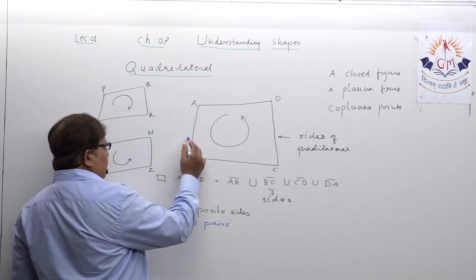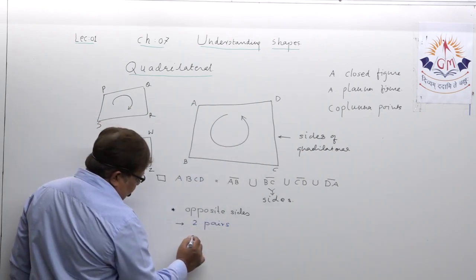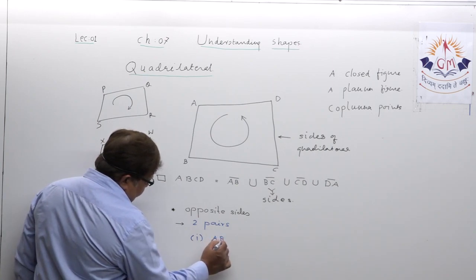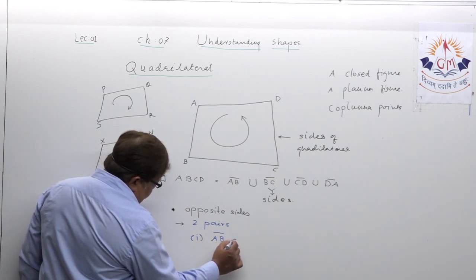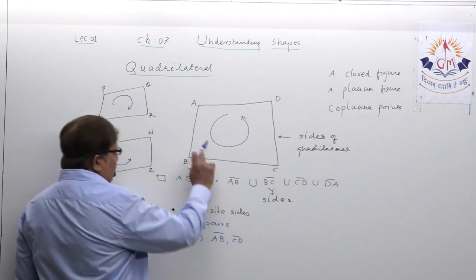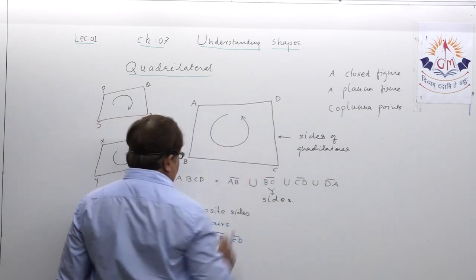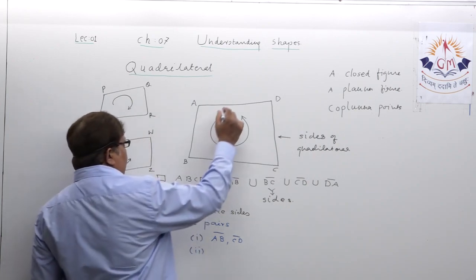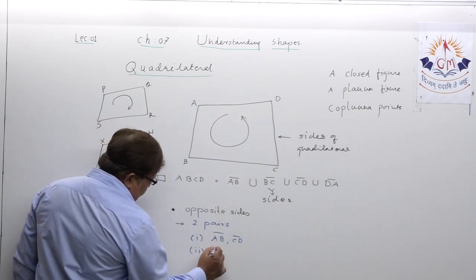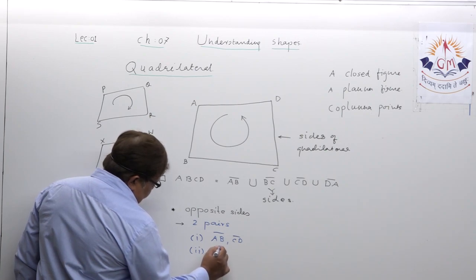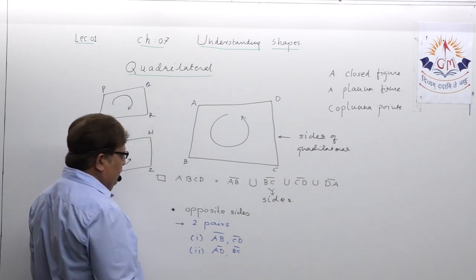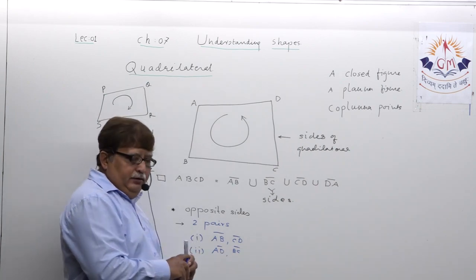Which are those here? Can you mention? Pair AB, when you write this way, you have to show the bar sign here. AB and CD. This is the first pair of opposite sides. Name the second pair of opposite sides, AD and BC. There are two pairs of opposite sides. Understand?